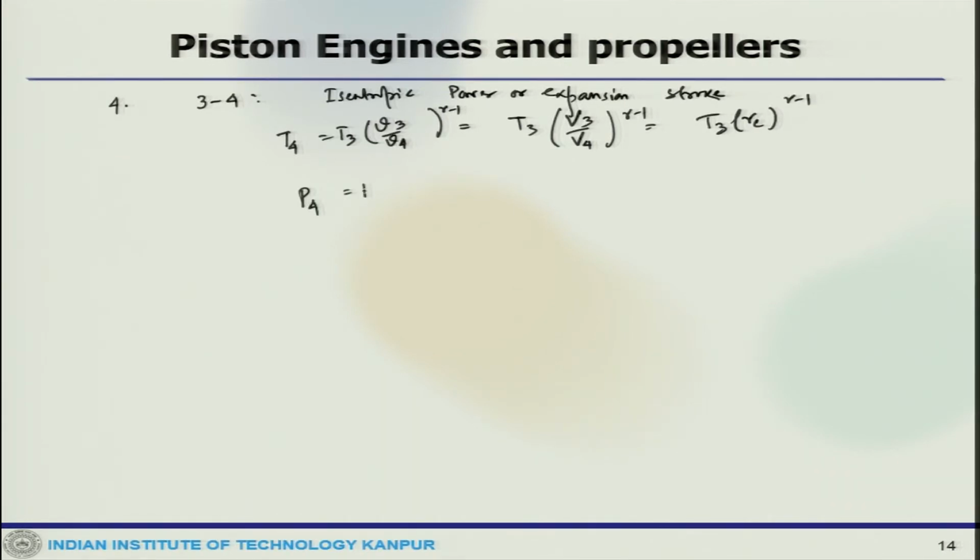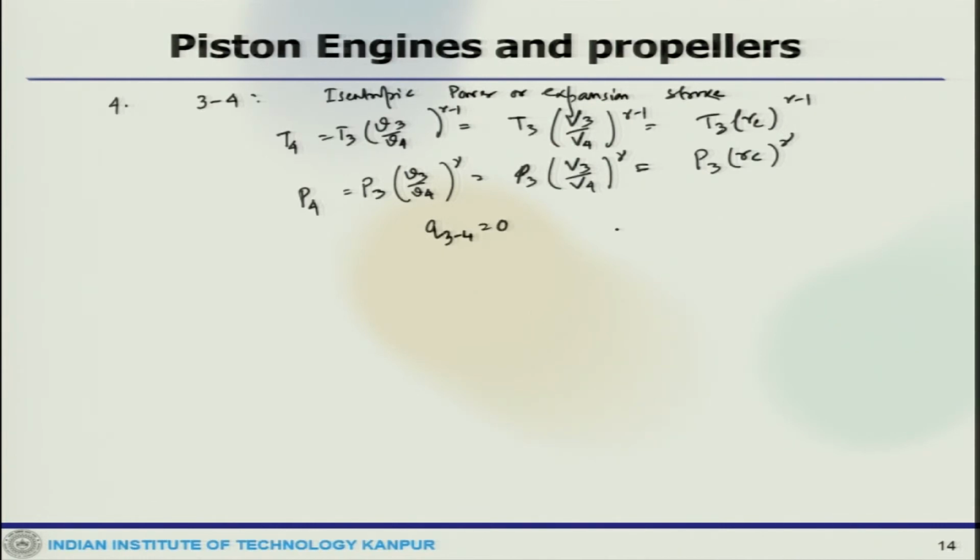Same way, we can write P4 equals P3 (V3 by V4) to the power gamma, which is RC to the power gamma, and Q34 is 0.